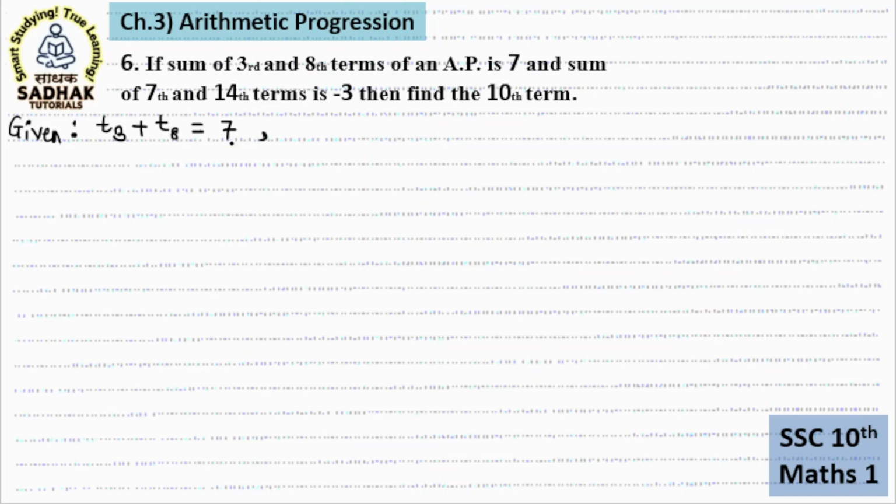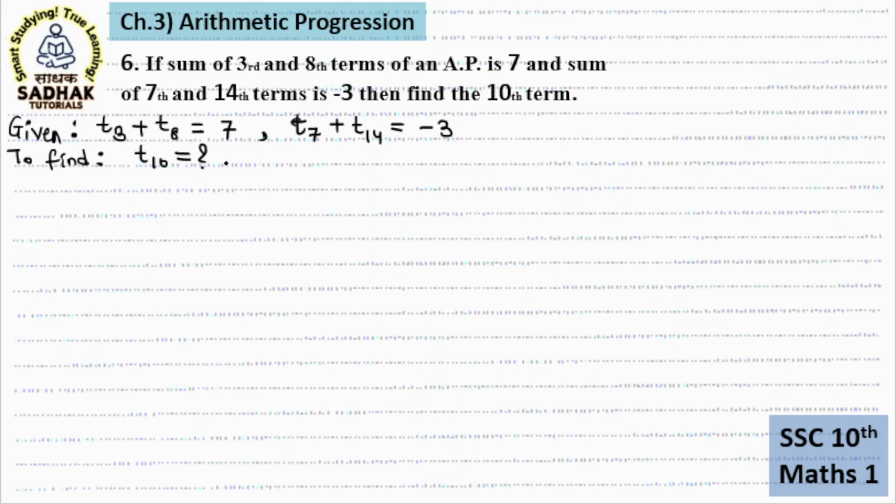That is the first thing they are giving. And the sum of the seventh term, T7, and T14 is equal to minus 3. So these three things are given. And we have to find the 10th term in that AP. So we have to find T10.